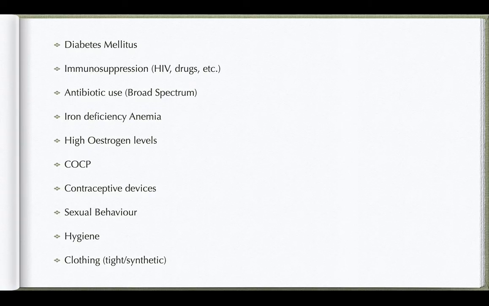Certain hygienic properties could result in VVC, namely swimming in a chlorinated pool, the use of vaginal douches, certain intimate body washes, and certain scented panty liners could result in a candidal overgrowth as well. There's weak evidence to suggest that tight or non-breathable or synthetic fabric clothing could result in VVC.